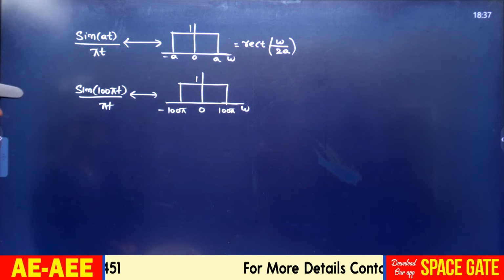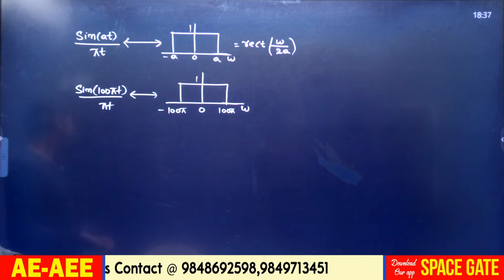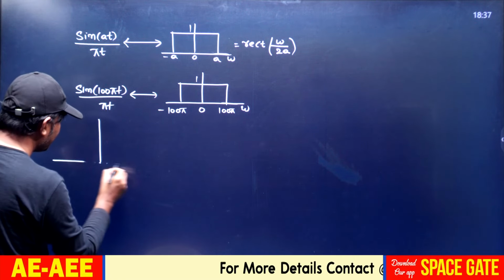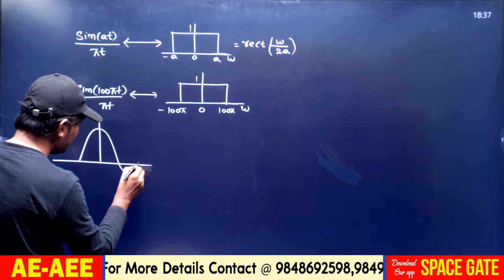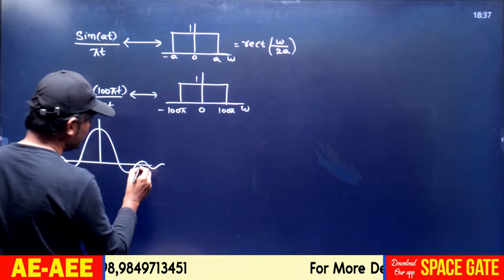Right? Now, this is of the form sine at by pi t. If you try to draw the shape, it takes the form like this. The shape will come something like this. Right? So this is the shape.